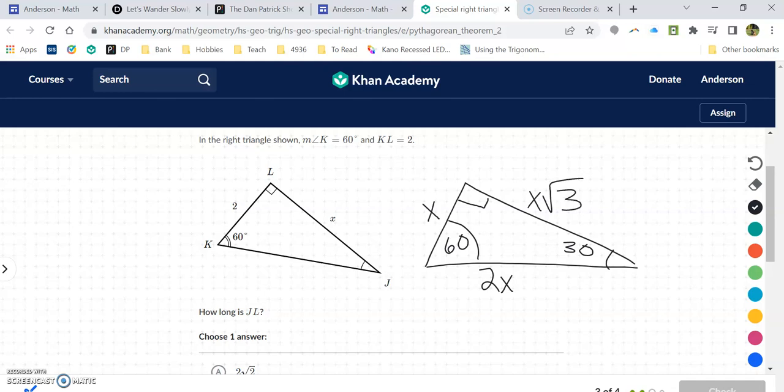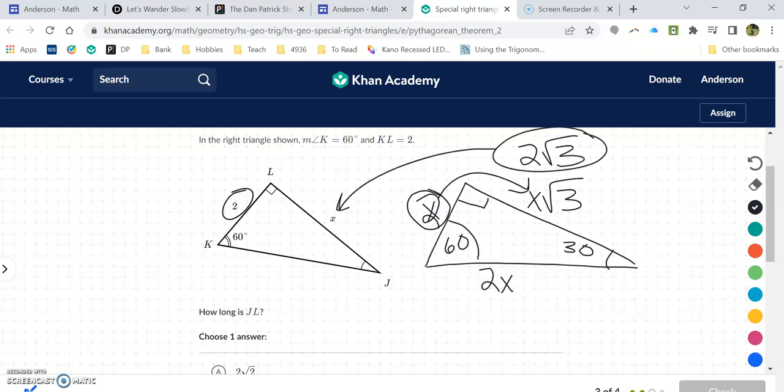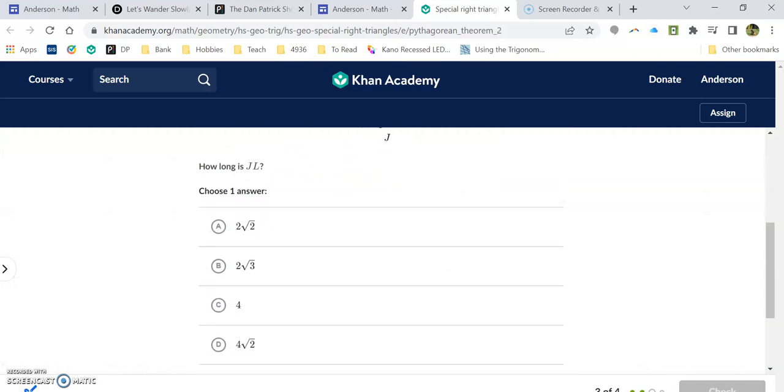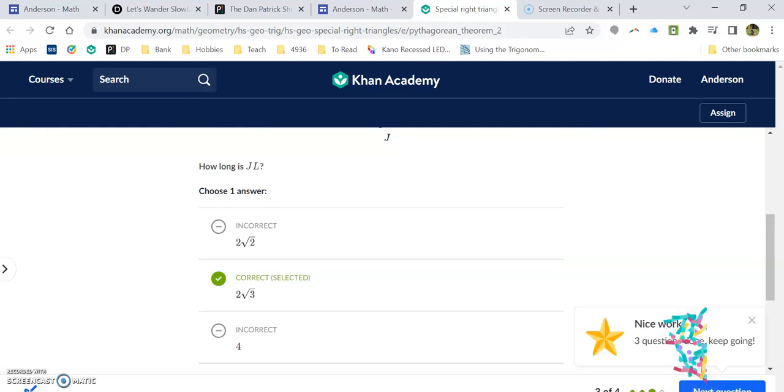Let's match this up with something that we know. We know 2. That means this x is 2, which means this 2 can go into there. So 2 square root 3 is our value for that. Let's see if I can find 2 square root 3. B.